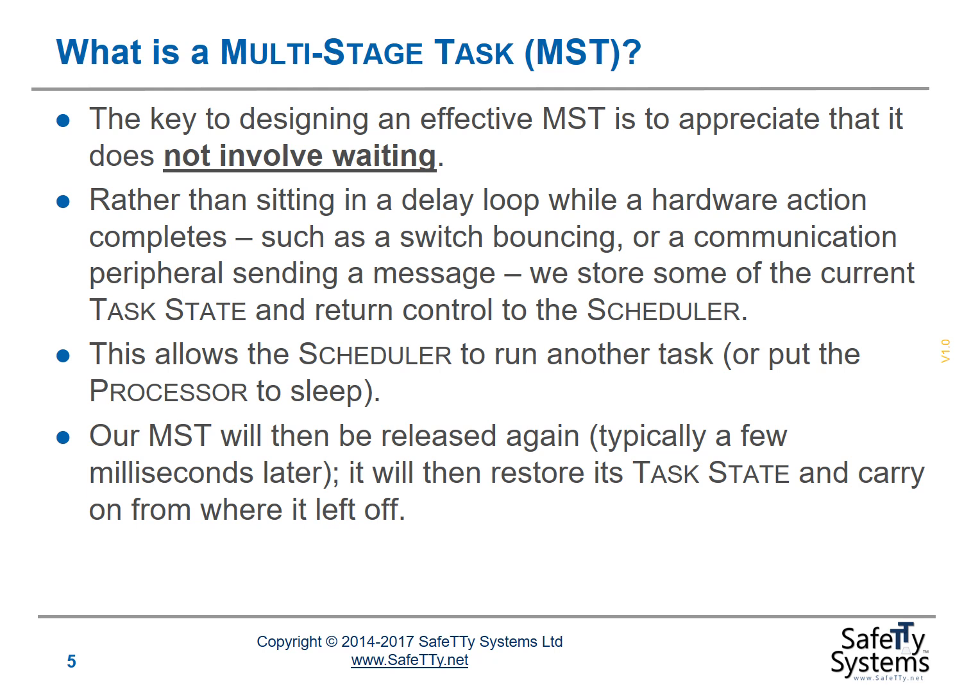Rather than waiting, we'll run the task for a while. If there's something that we need to wait for, we'll pause the current task, return control to the scheduler, and come back a few milliseconds later, restore the task state, and carry on from where we left off.